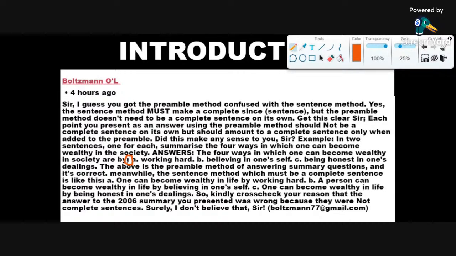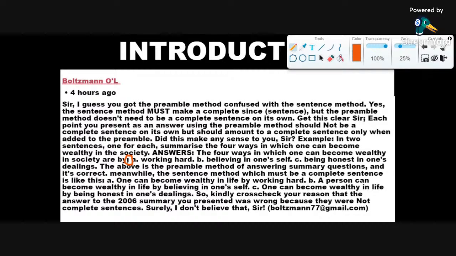When we get into what a preamble means, you will discover that a preamble is an opening statement explaining the purpose of what follows, and to indicate that what follows is an explanation, is being referred to by the preamble. Then you indicate it with a colon, not a semicolon.